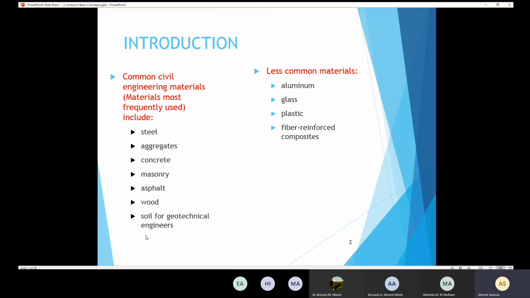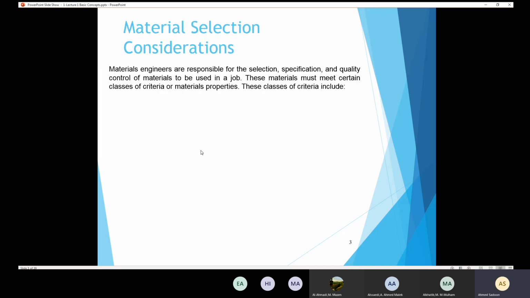So like you can see here, I have a number of materials, but which one should I select in order to construct my structure? In order to answer this question, I have criteria in order to choose the suitable material.